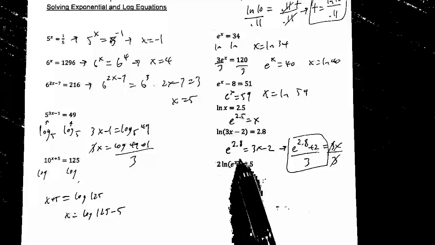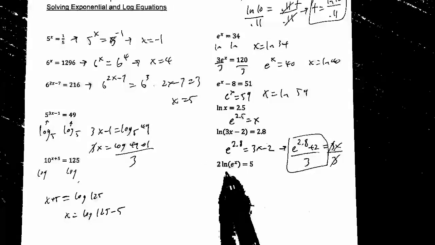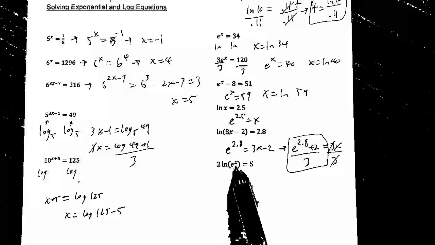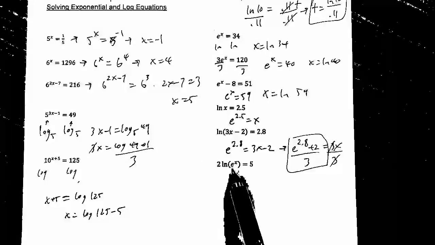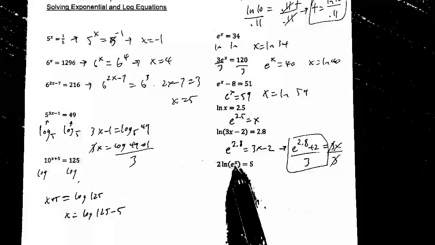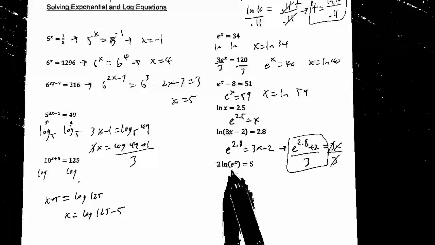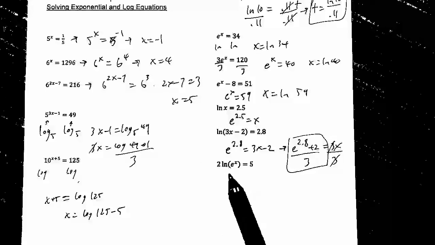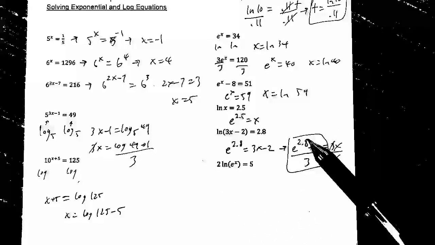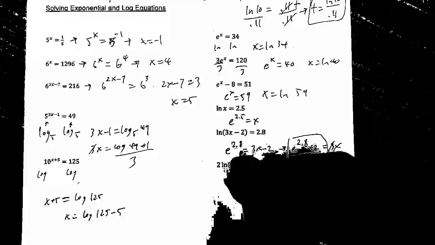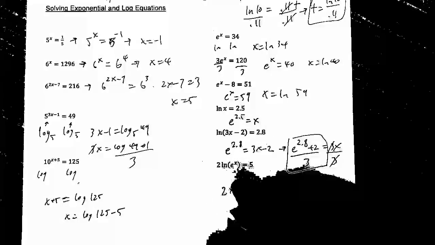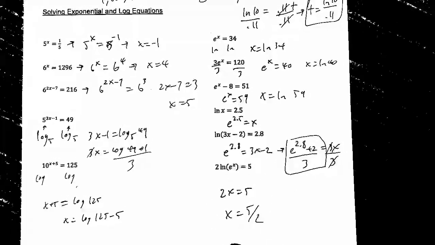We have ln of e to the x. When you take the ln of e to a power, it just becomes whatever the power is, because this is asking: e to what power is e to the x? X. So this is really just saying 2x equals 5, or x equals 5 halves.